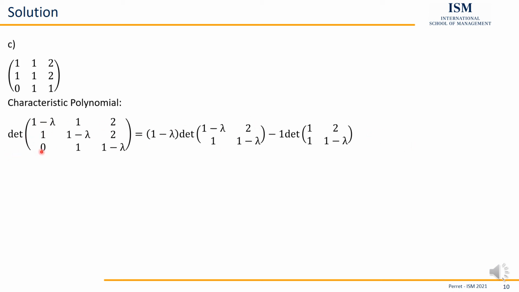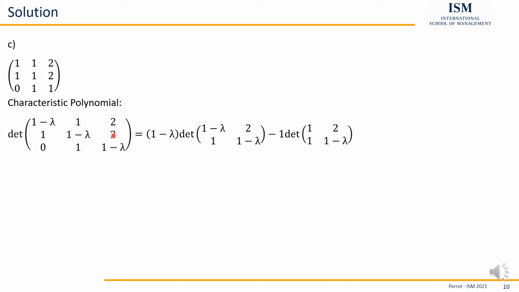Well, it's 0, so I can skip this. And for the first one, I delete first row, first column, because that's where this part is situated, leaving me with this part down here, which is just this reduced matrix. And for the 1, this is in the first column, second row.